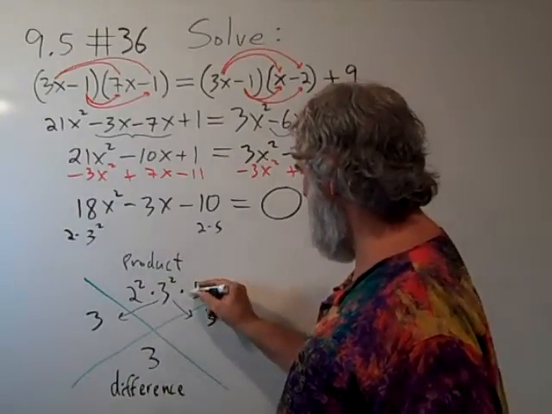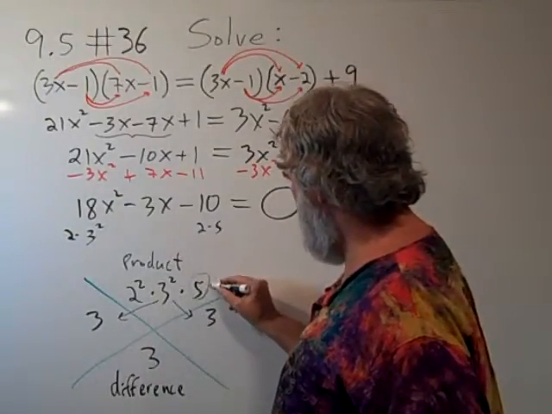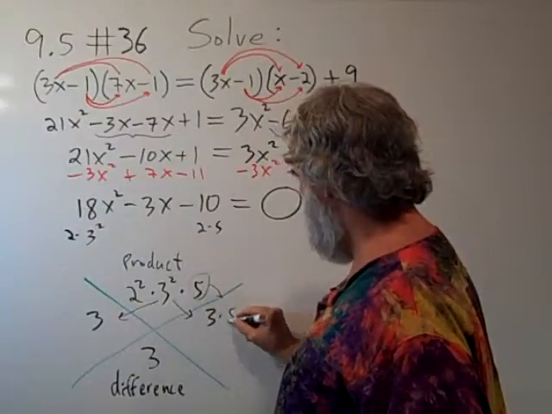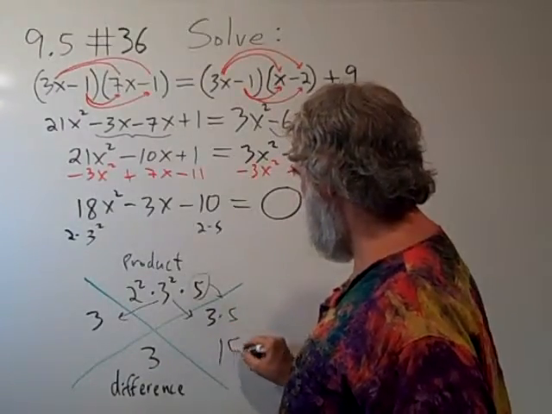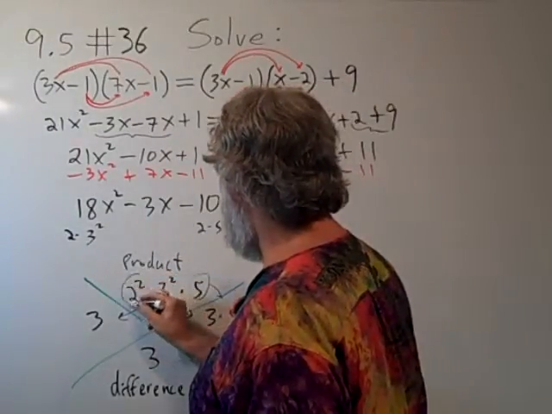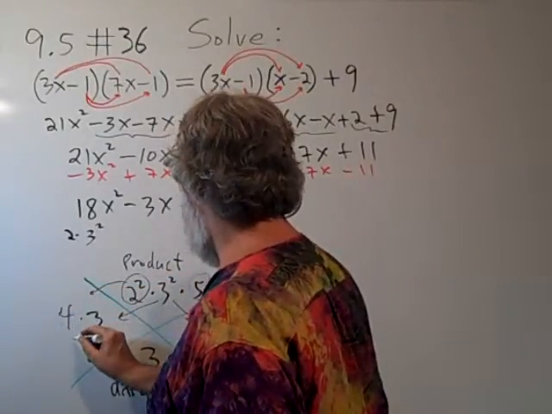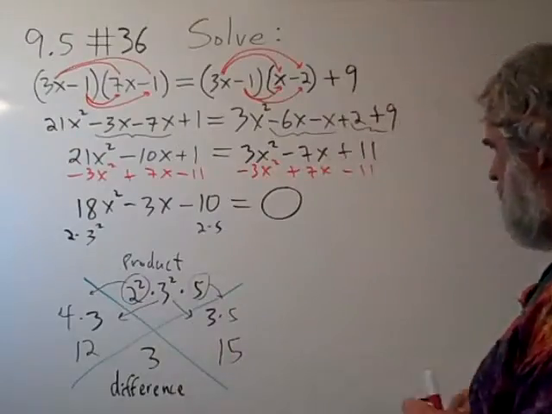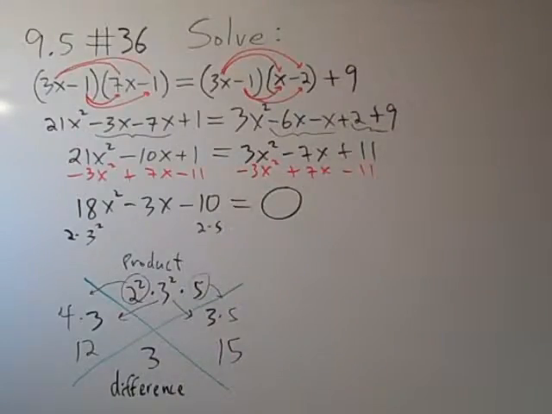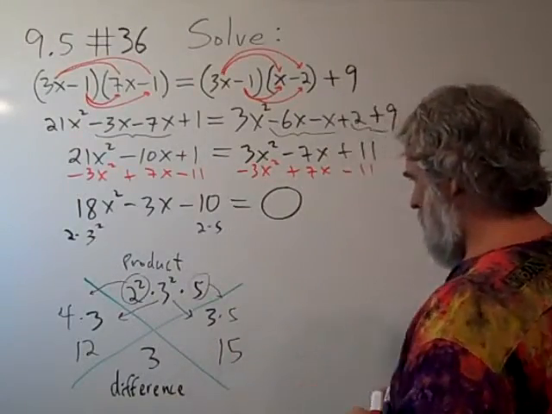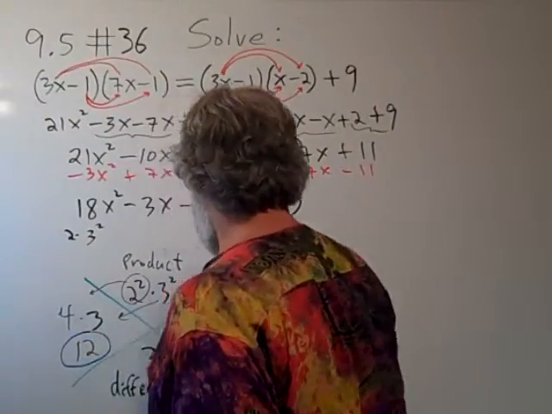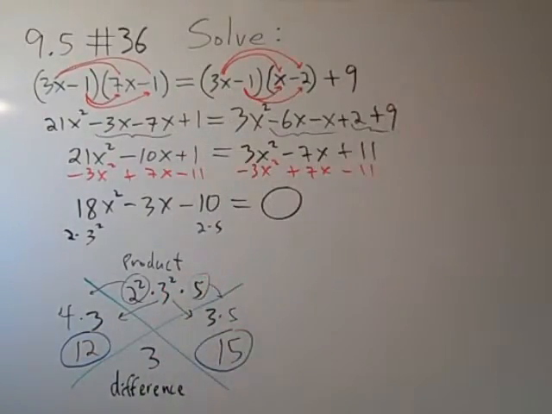So let's put the 5, say, over here. That gives us 15. And let's put the 2 squared over here, which gives us 12 for the product. And the difference between 12 and 15 is indeed 3. So those are our numbers, 12 and 15.